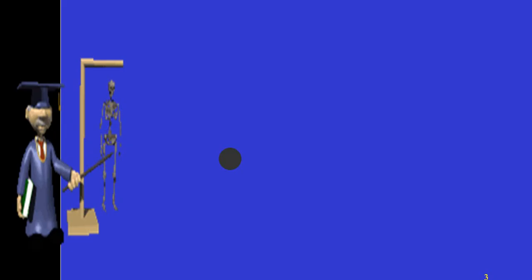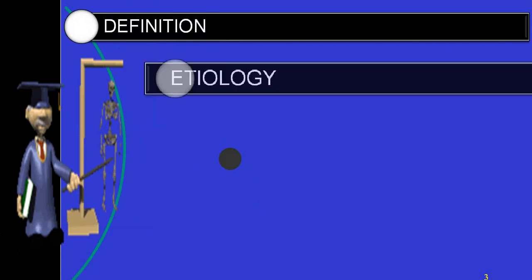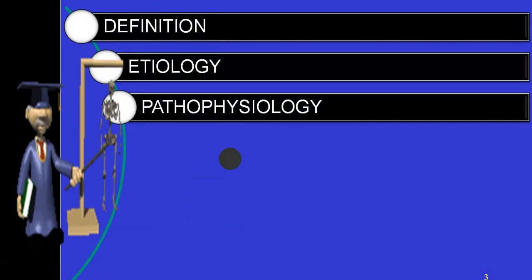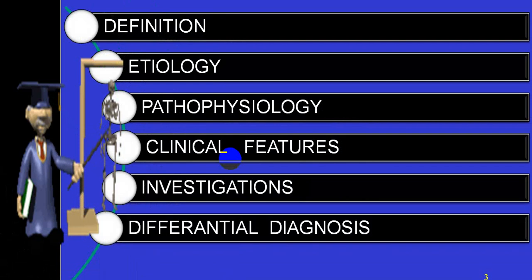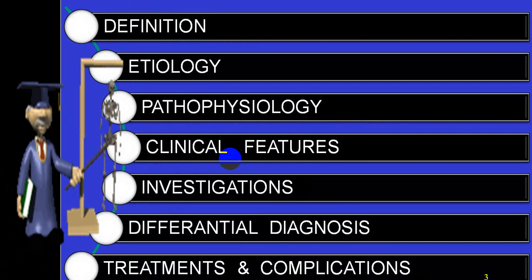The meaning is very simple. Sclerosis is fibrosis and derma means skin. So it is a fibrosis which is setting in the skin, we call as scleroderma. And when it involves almost the entire body with multiple organs, we call it systemic sclerosis.